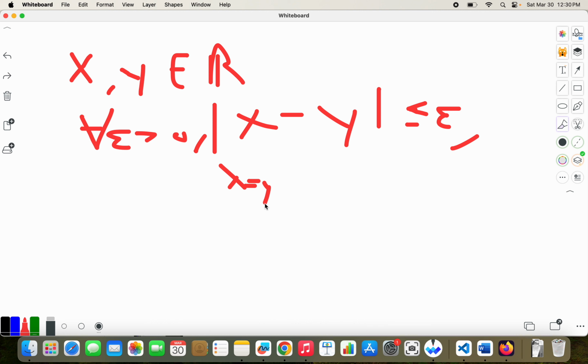Then x equals y. Suppose x does not equal y. Then the absolute value of x minus y is greater than 0. Then the absolute value of x minus y is less than the absolute value of x minus y divided by 2. This implies 1/2 of the absolute value of x minus y is less than or equal to 0, which implies the absolute value of x minus y is less than 0, which doesn't make any sense whatsoever. Contradiction.